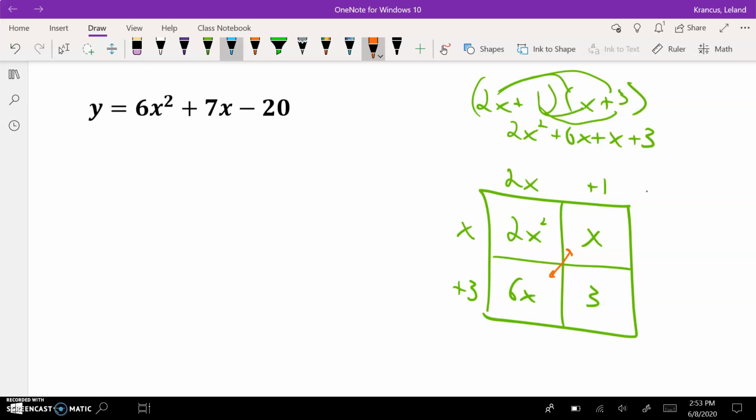But another thing to notice, and I can't really explain why this is, and I'm not going to do it now. So notice they're called cross products. Notice the product of these two, that would be 6x squared, is equal to the product of those two.